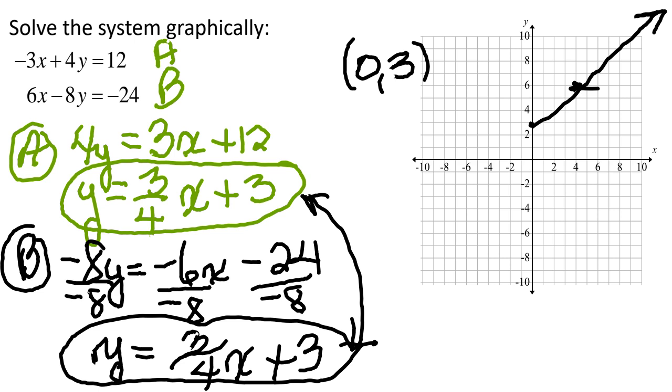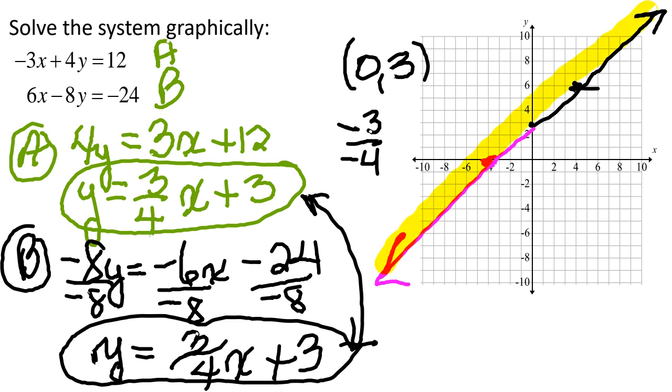Down 3, down 4, down 3, 4, going this way. But the beautiful part is that this is one line atop of another line. They're sitting right on top of each other.